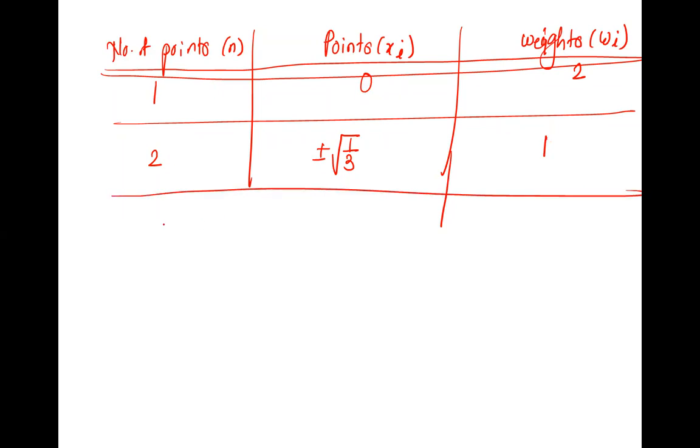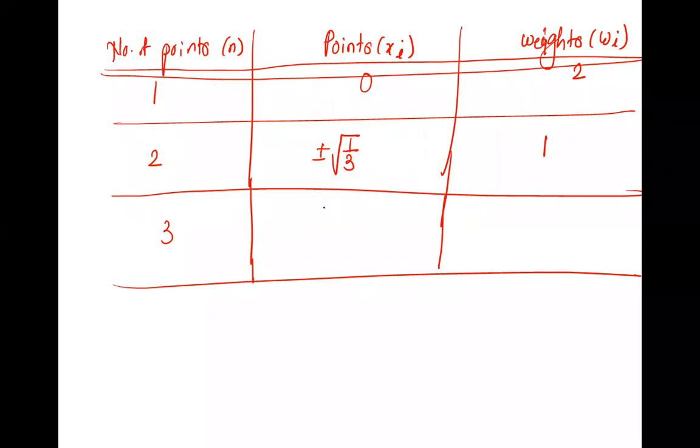If it is 3, we have up to 3-point formula only, so we'll write up to 3 only. So if n is 3, what are the x? Instead, points xi we need to find, so you can write zi. Z1, Z2, Z3.